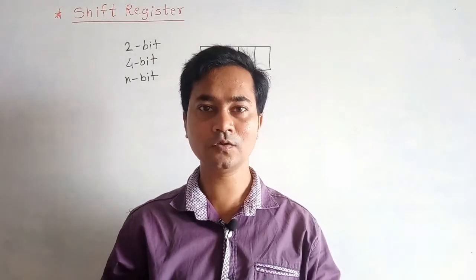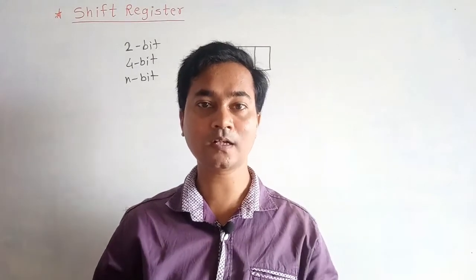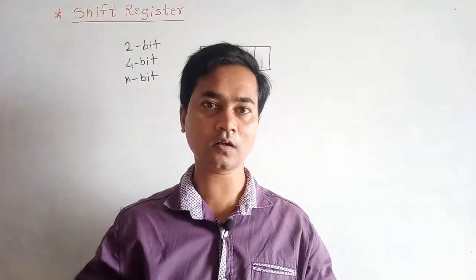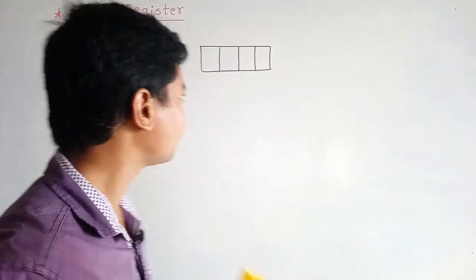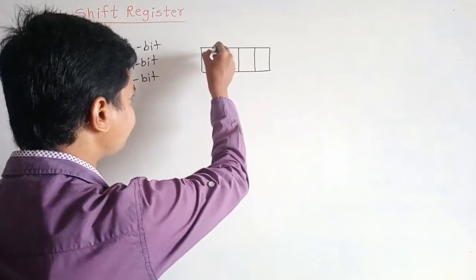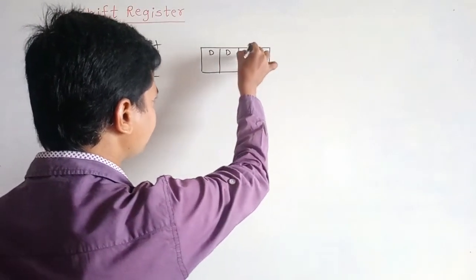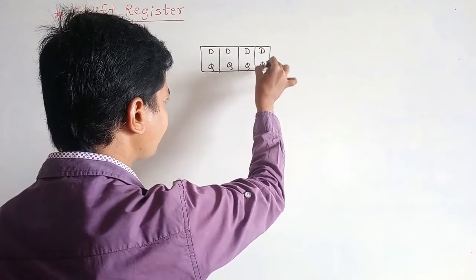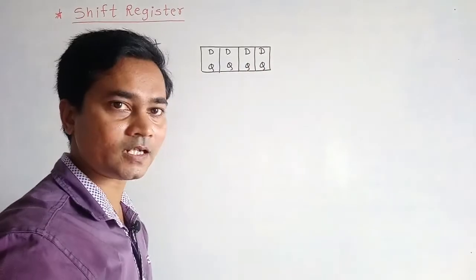We don't want to use the SR, JK or T flip-flop. We don't want any condition, that means set, reset or toggle condition. So here we have to use the D flip-flop in the shift register. It has one input and one output.